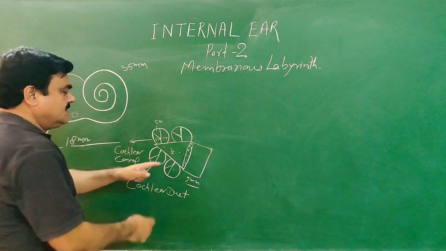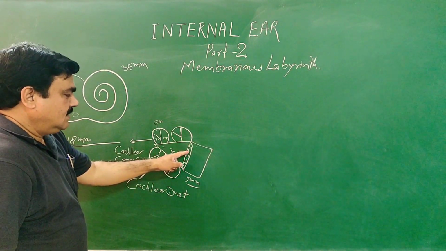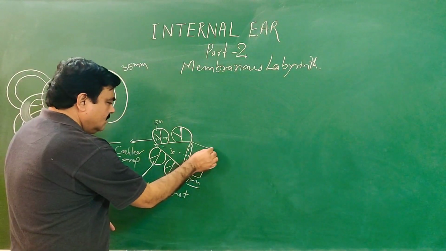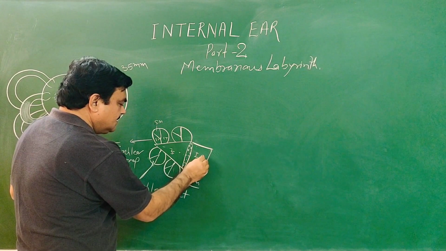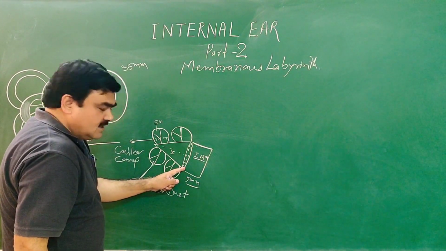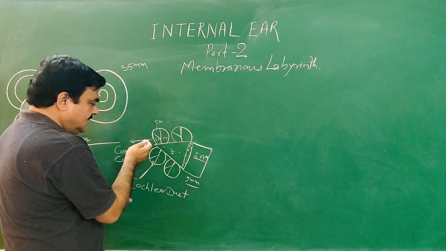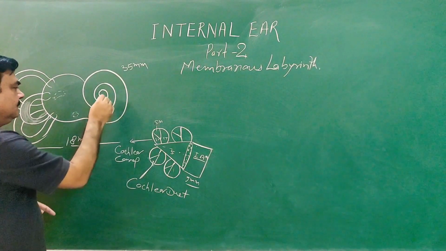And this is the base, which lies at the bottom of the internal acoustic meatus. So here is the base, here lies the apex. This apex is known as the cupula.